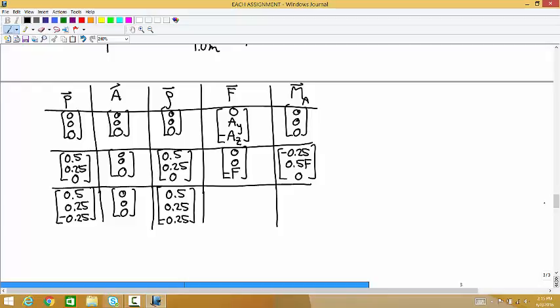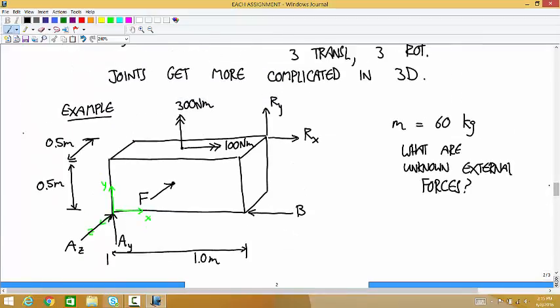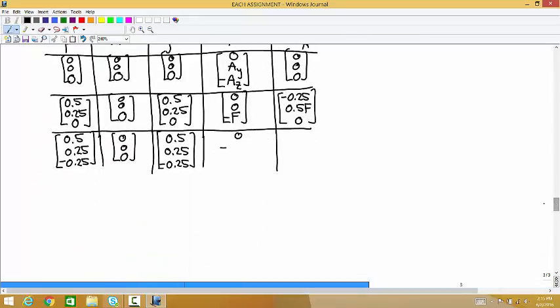The force vector is 0, negative, what did I say the weight is? Okay, so negative 588.6, and then 0 z. And I don't have this one written down. Can someone calculate that? 147.15.